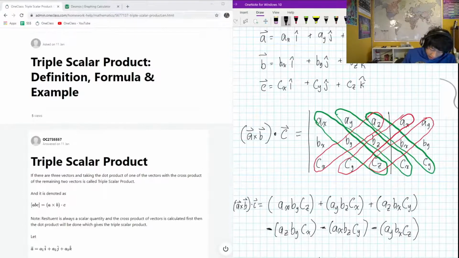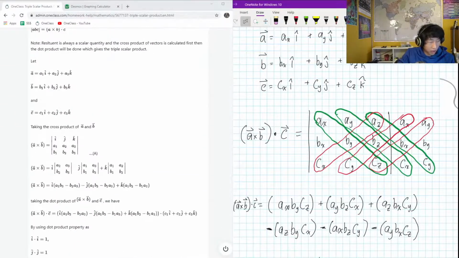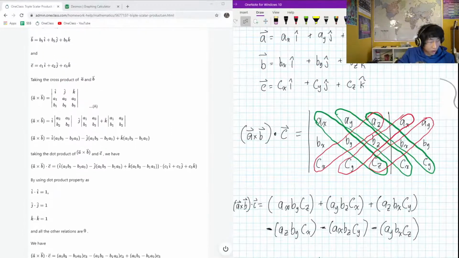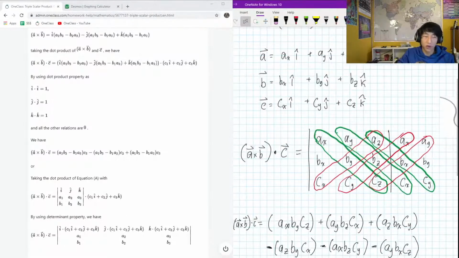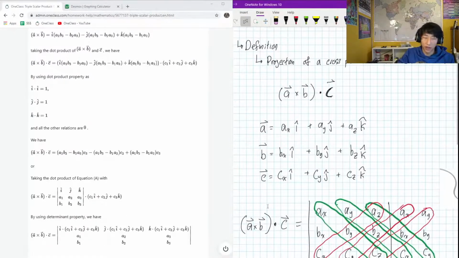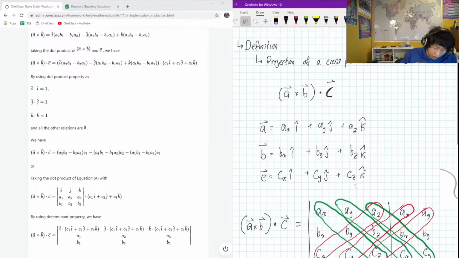Here you could just do the cross product individually and then dot product it afterwards, but in my opinion it's going to be a lot faster to do it like this, with the determinant method.